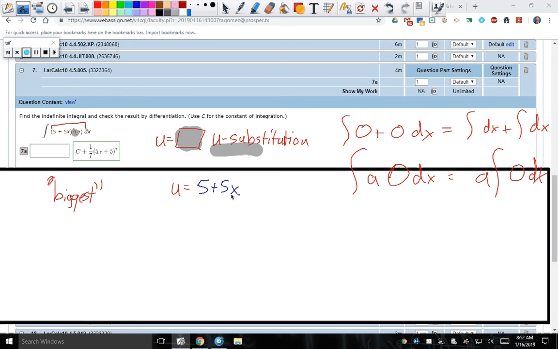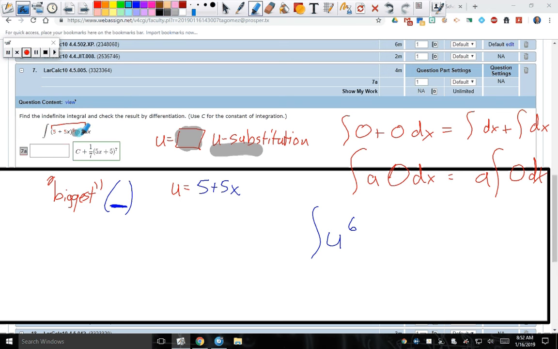Now, you're looking for whatever's in parentheses, the biggest one. So now I can rewrite this as U to the power of 6. Are you with me so far? The only piece that is not accounted for yet is this times 5.